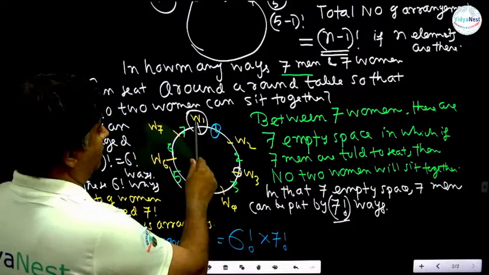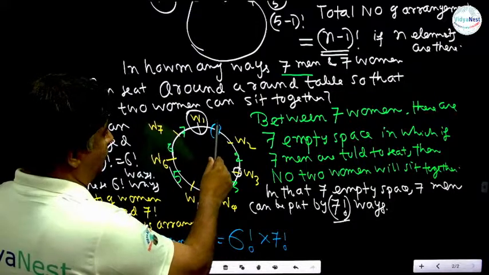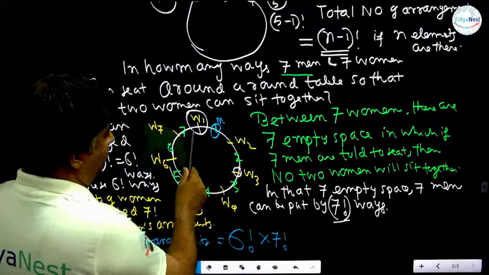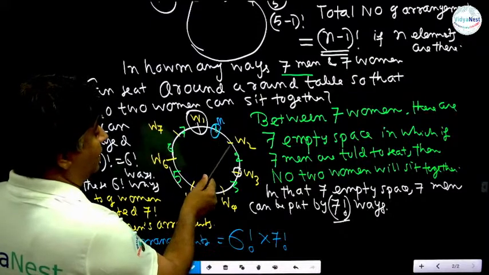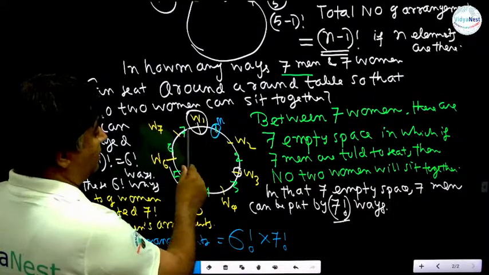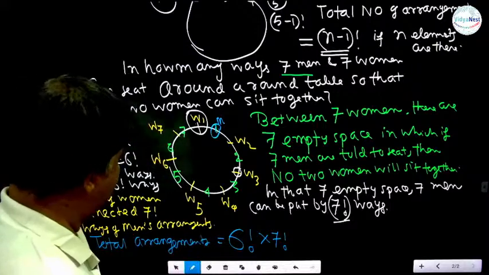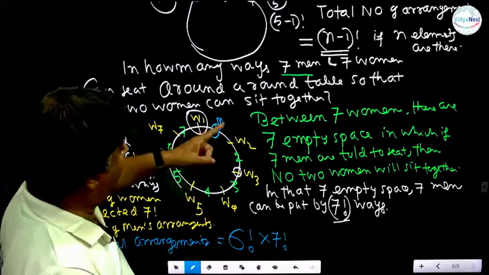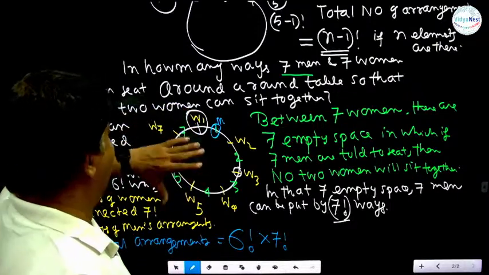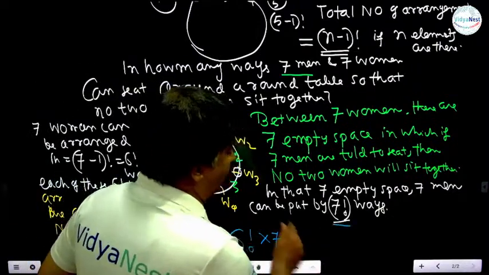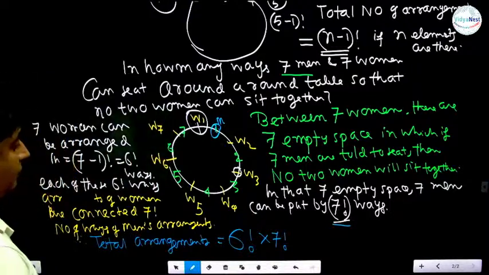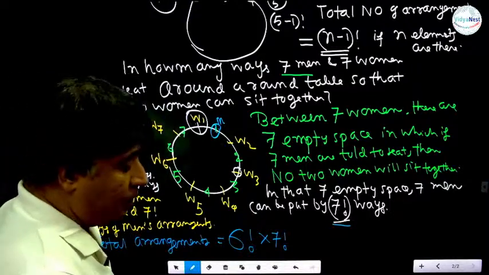Why? Suppose here I have put 1 man. That means these 2 women are not clubbed together because there is 1 man inside between them. Yes or no? So how many ways can I put these men? In factorial 7 ways. Yes or no? Okay.